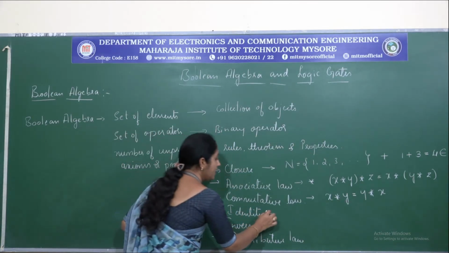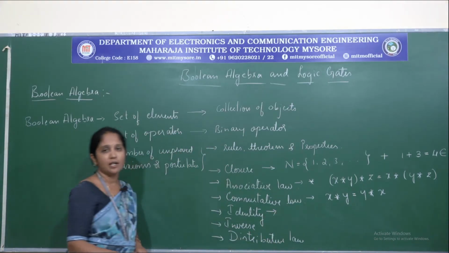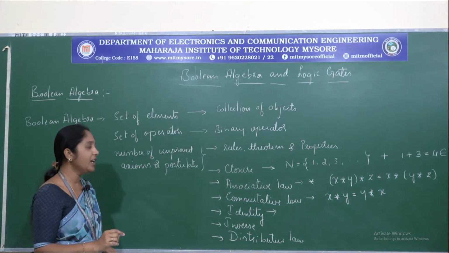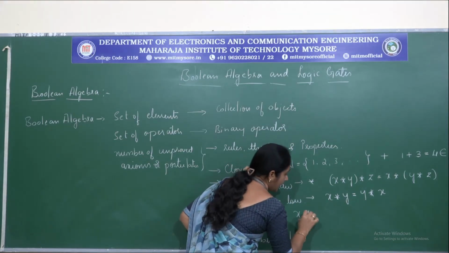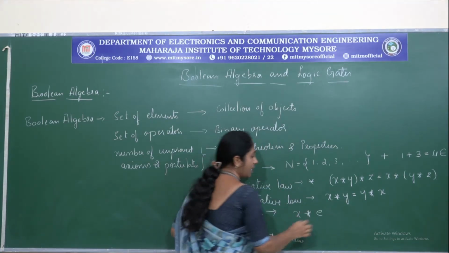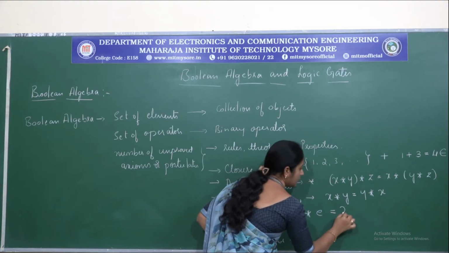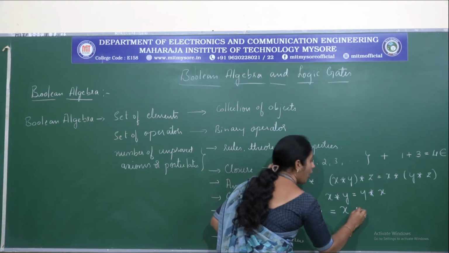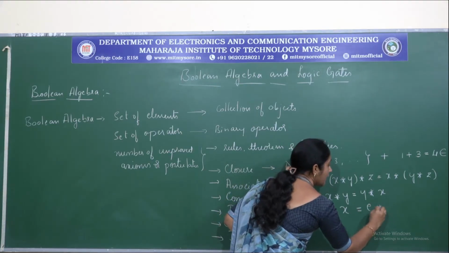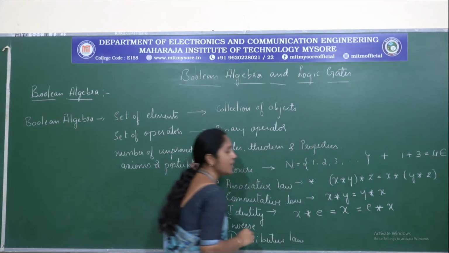Then identity. A set S is said to have an identity element if there is an element E such that x star E is equal to x, or E star x is also equal to x.